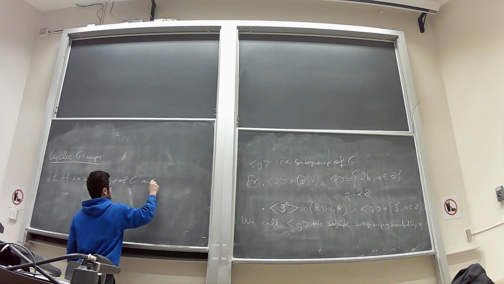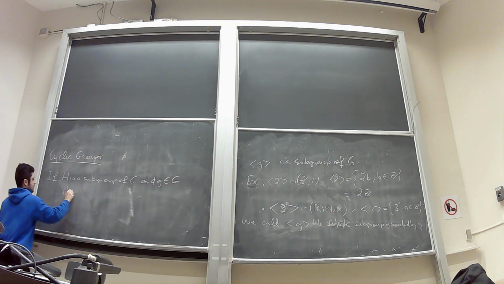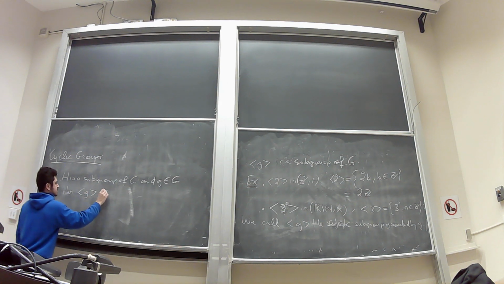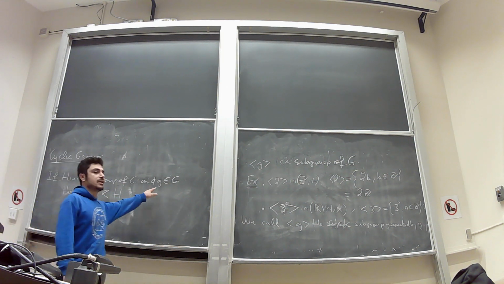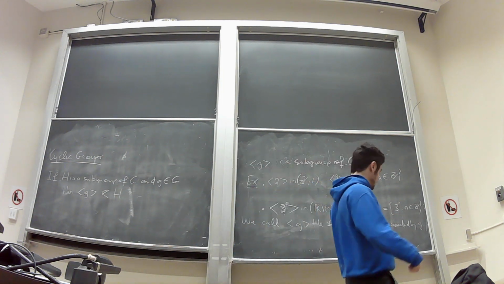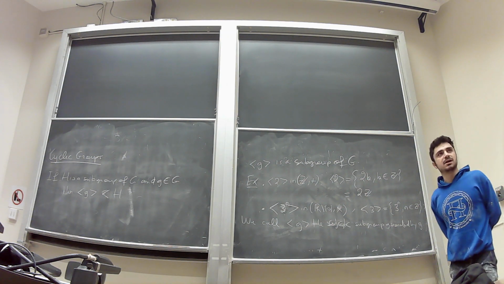If H is a subgroup of G and g is in H, then angled bracket g is a subgroup of H. So if you have a subgroup H of G that contains little g, then H must contain the subgroup generated by g. This is clear, right? If H is a subgroup of G and g is there.